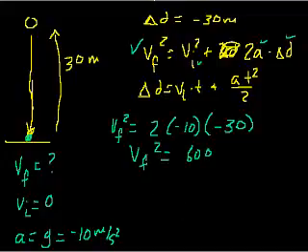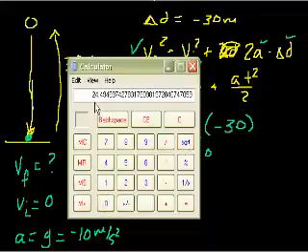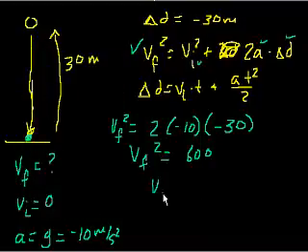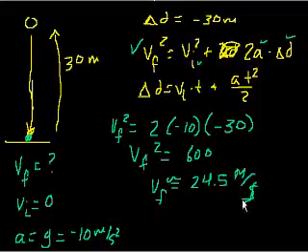If I took the square root of 600, it's roughly 24.5 meters per second. So VF is approximately equal to 24.5 meters per second.